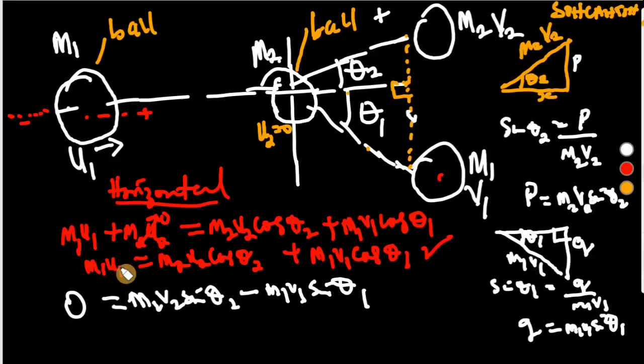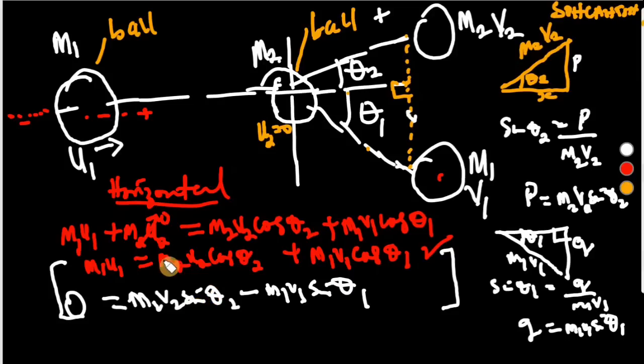So this is the equation for the conservation of momentum for two billiard balls that collided elastically.